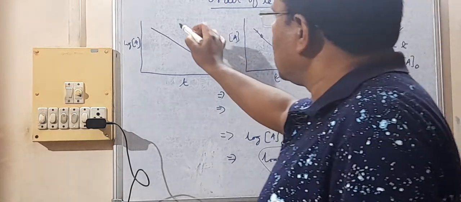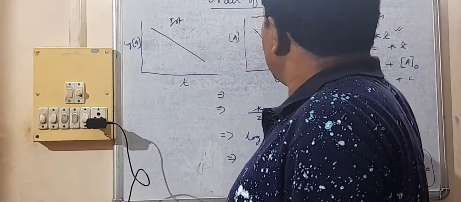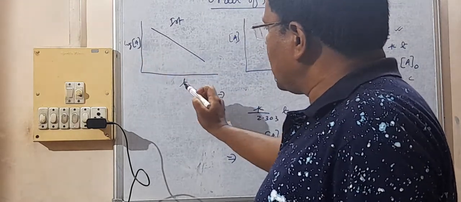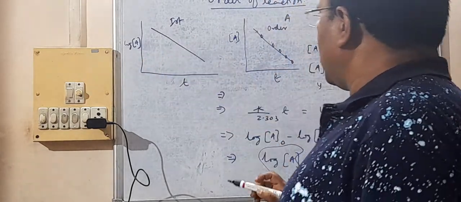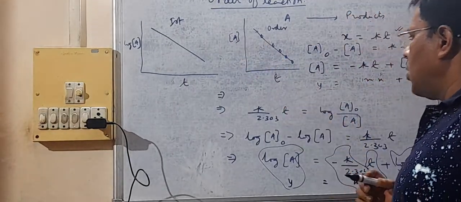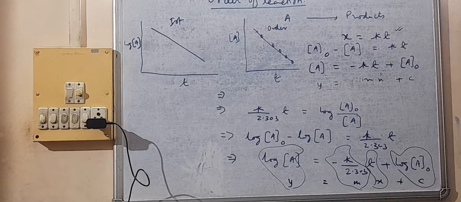So just see, this is first order, this is zero order. In case of first order, plot of log A versus time is a straight line, whereas in case of zero order it is concentration of A versus time that is a straight line.